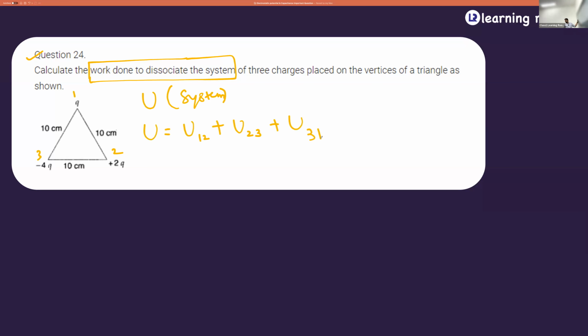Okay. So U will be equal to, if you observe, U12 is going to be K into Q into 2Q, which is 2Q square divided by, for now, I'll take the distance to be A itself.